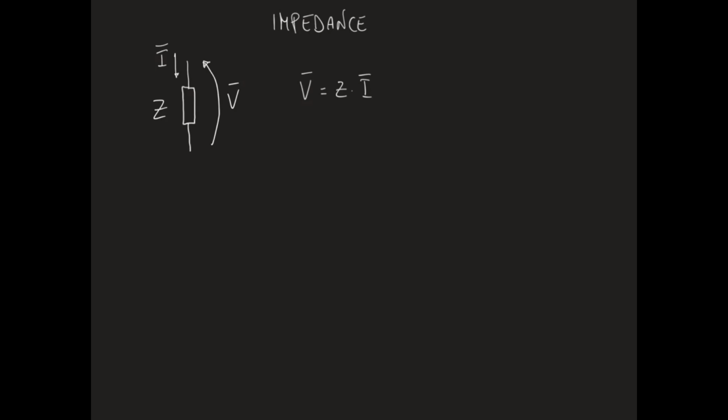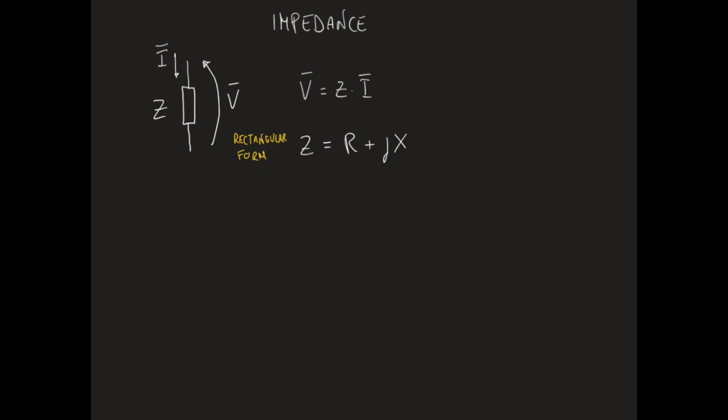In this more general case, the impedance will be a complex number featuring a non-zero real part and a non-zero imaginary part. As a complex number, the impedance Z can be written in the rectangular or Cartesian form as R plus jX, so as the sum of a real part plus j times an imaginary part.